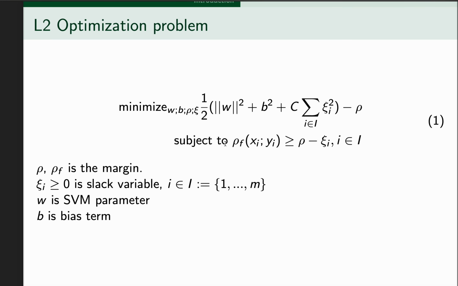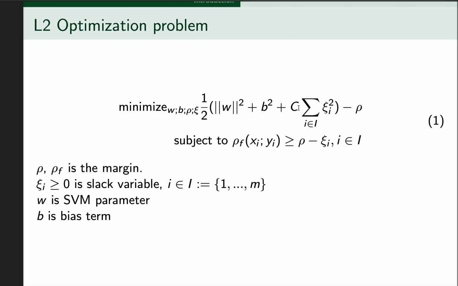In this work, I solve the L2 optimization problem of SVMs. Here is the formula of the convex optimization problem. In this formula, W is the parameter of the original SVM, and b is the bias term.